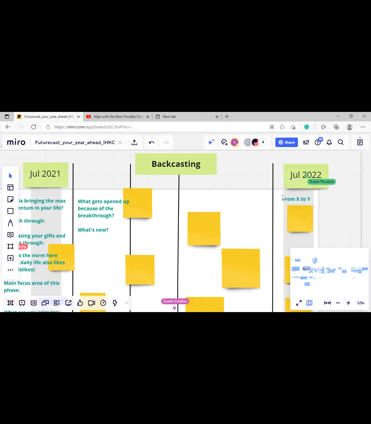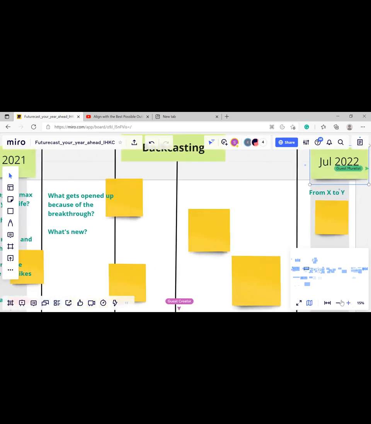So 2022, if we look at the energy of this year, again, we have lots of twos. Two in general in numerology represents collaborations. So numerology wise, this year again, just like 2020, is calling us to collaborate a lot.